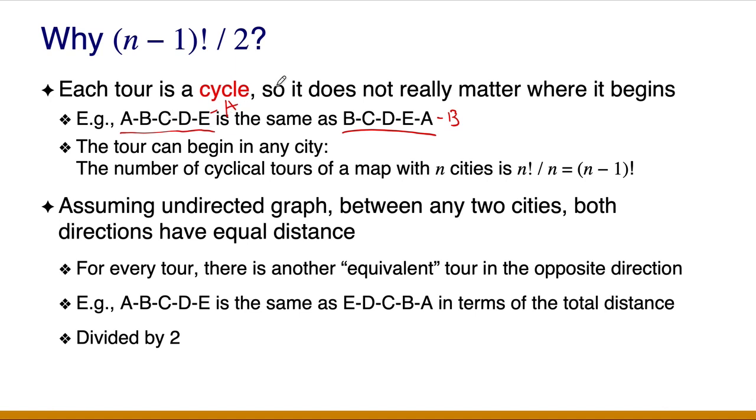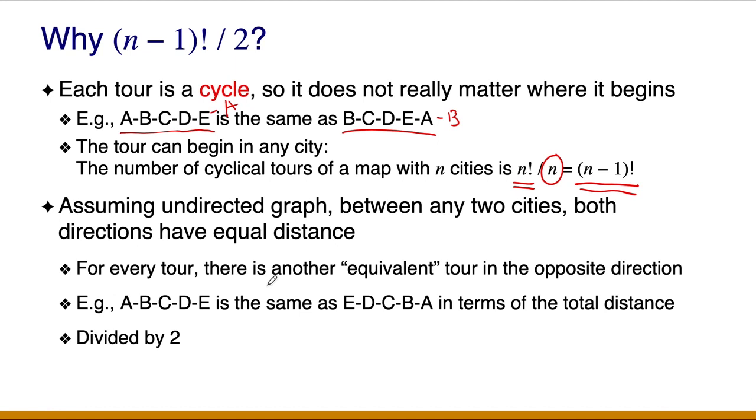So if you have 5 cities, it means that potentially you can begin the cycle in 5 different locations. So the total combination is n factorial, but you actually have n repetitions that, although they look different, all refer to the same cycle. So it's n factorial divided by n, which gives you (n-1) factorial.